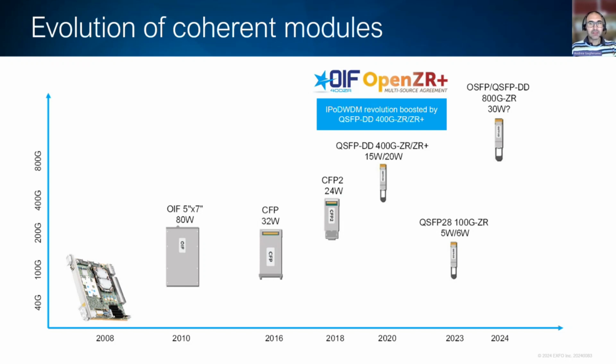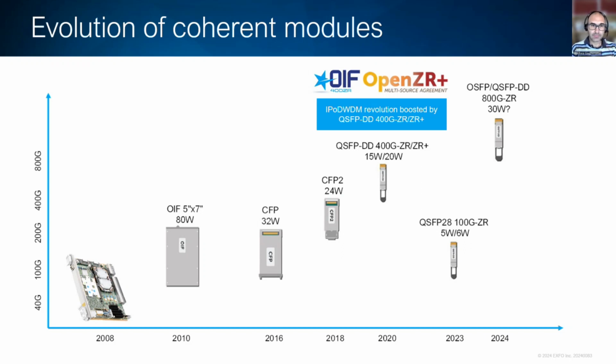Even if IP over DWDM is not necessarily a new concept, it has definitely been boosted by the advent of QSFP-DD 400 gig ZR and ZR Plus transceivers, which enable an almost seamless integration of DWDM coherent optics into a form factor which was already widely used in IP network elements like switches and routers.